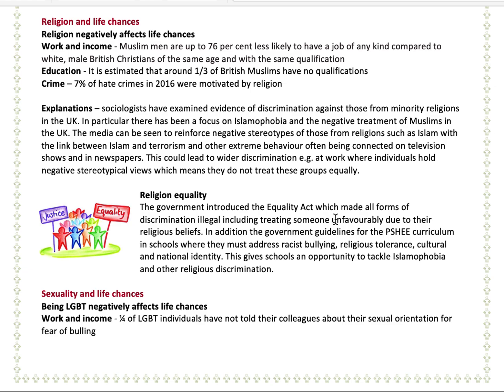The education system, so British Muslims are less likely to have qualifications, so that can be to do with things like ethnocentric curriculum, language barriers, possibly if they had migrated to the UK, maybe having different qualifications, that kind of thing, that aren't transferable.